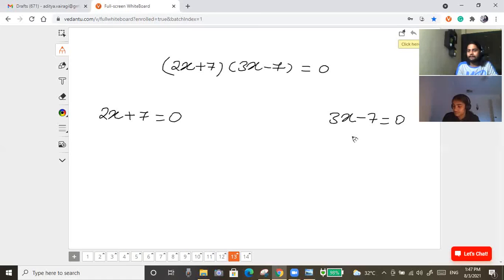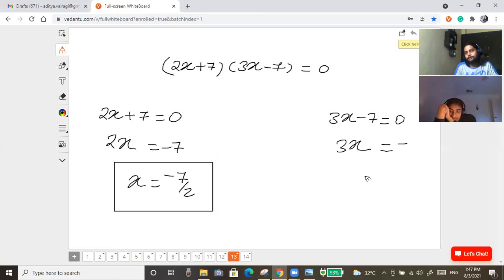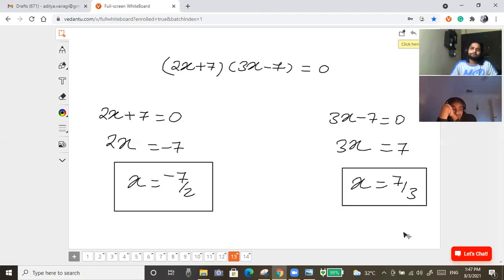That's the other alternate method, which is a little shorter one. So 2x equals negative 7, x equals negative 7 over 2. That's your first answer. Similarly, 3x equals positive 7, x equals 7 over 3. That's the second answer. That's it.